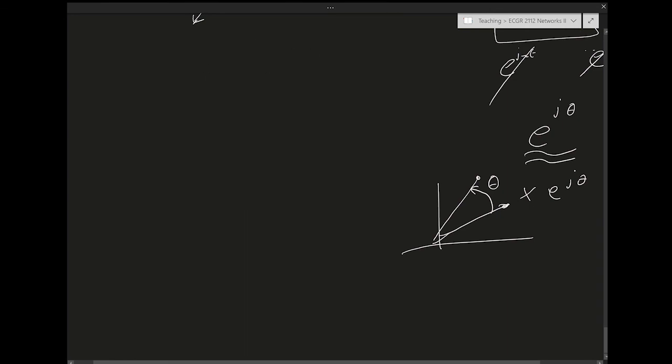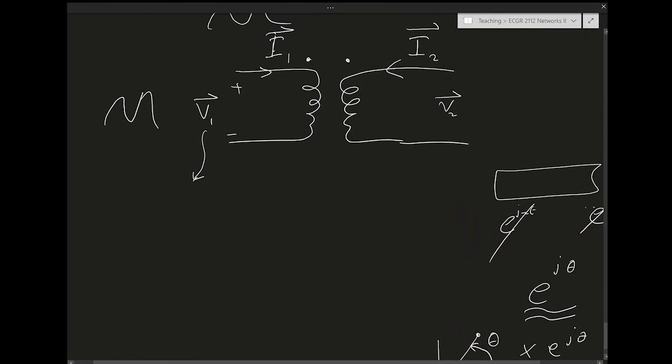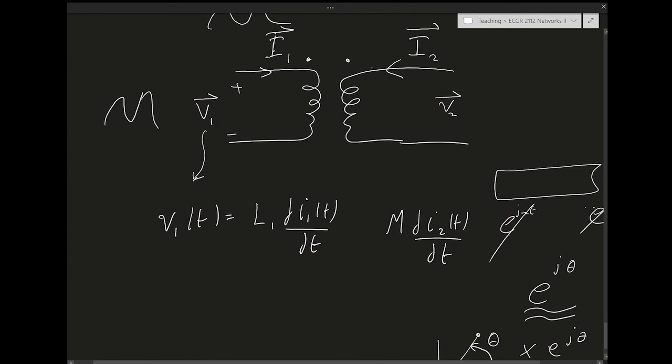Then we will go to the phasor domain, or the AC domain. So V1(t) equals L1 di1(t)/dt. There's the mutual part, which is M di2(t)/dt. Again, the current I2 is going into the dot, positive, and the voltage polarity matches the dot, so positive.